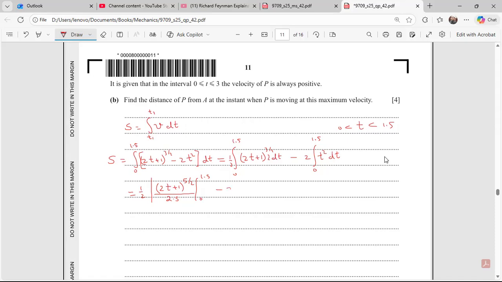Now minus 2t squares integral is t cube by 3, with limits 0 to 1.5.